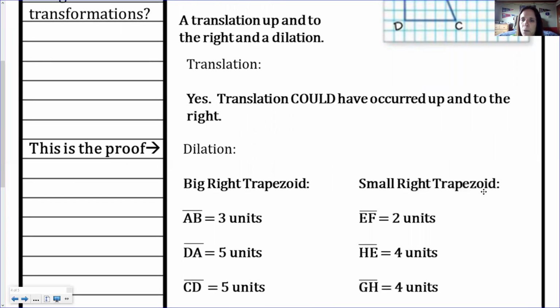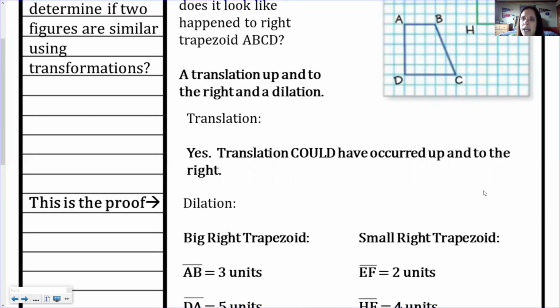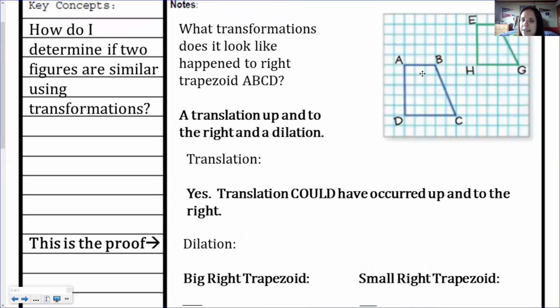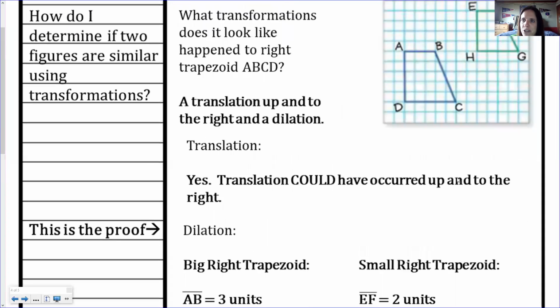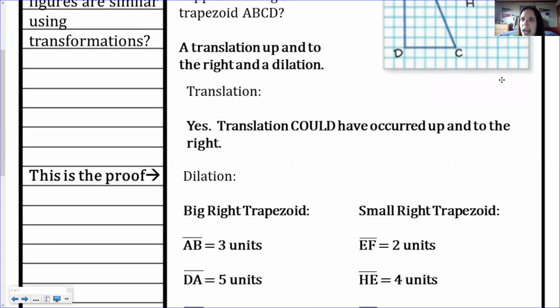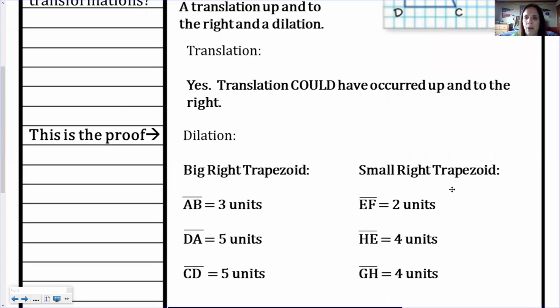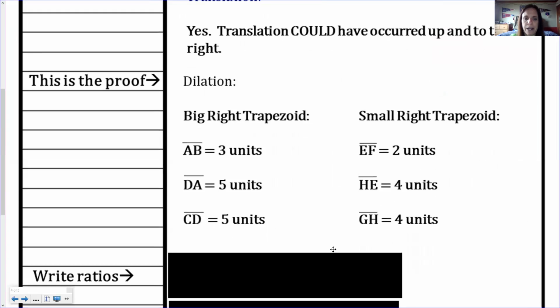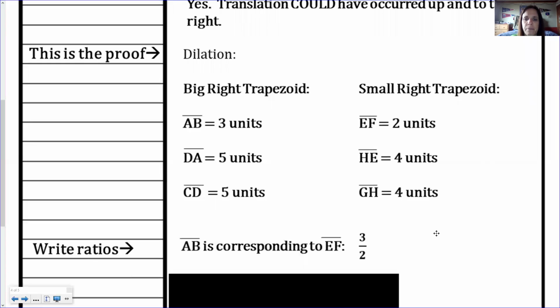Now let's go to the small one, the green one. EF would correspond to AB, so I'm going to start with EF as 2. Then EH would correspond to DA, 1, 2, 3, 4. Here it is, HE. And GH, 1, 2, 3, 4, is also 4. Okay, so I've got my corresponding sides lined up here, but I'm going to write my ratios.